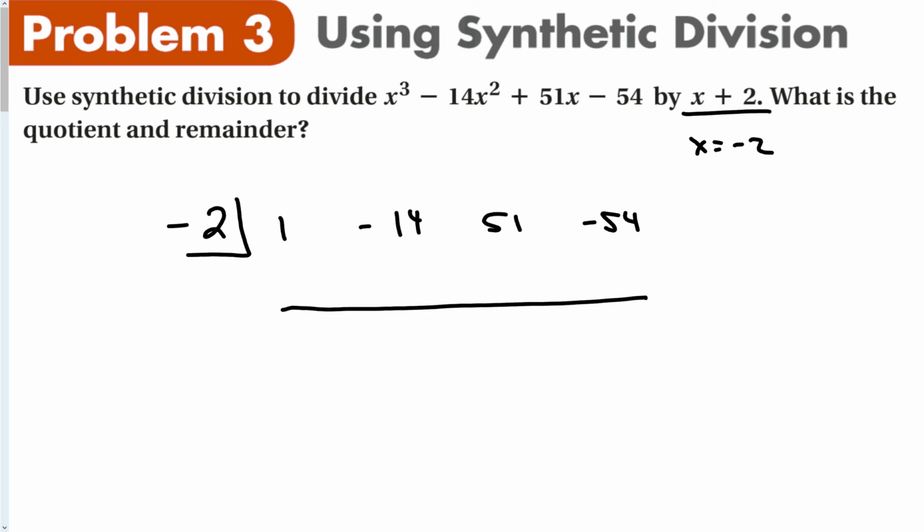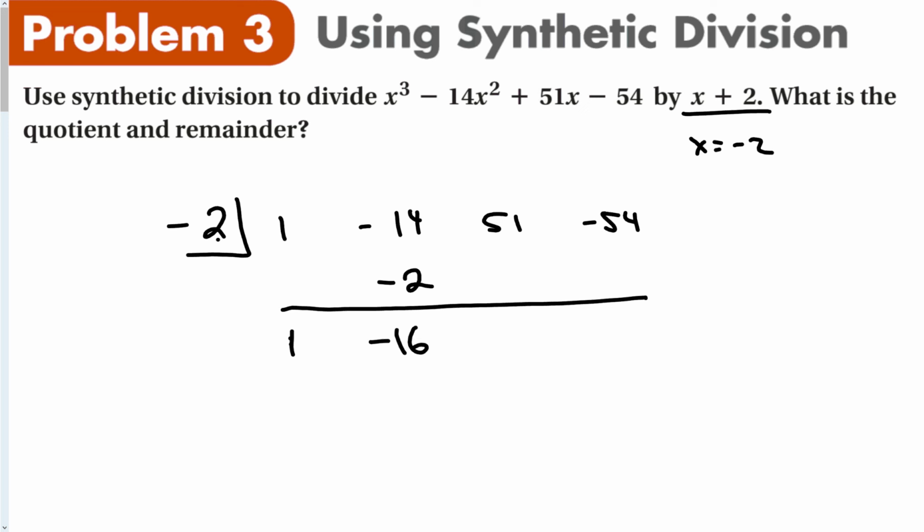The first step for synthetic division is to bring down the first coefficient. So I take this 1 and I write it down at the bottom. The next step is to take the negative 2 and multiply by the number on the bottom. So negative 2 times 1 is negative 2, and that goes above the line. Then I add these together.